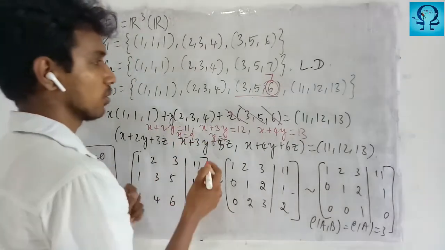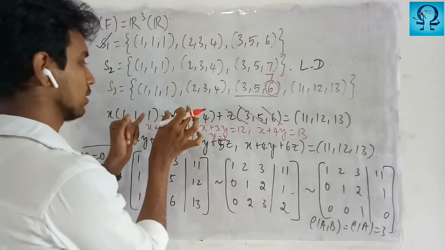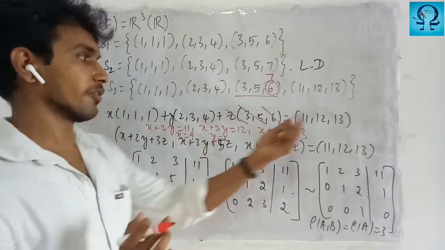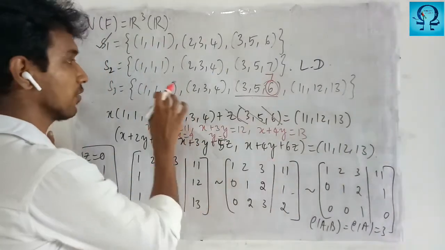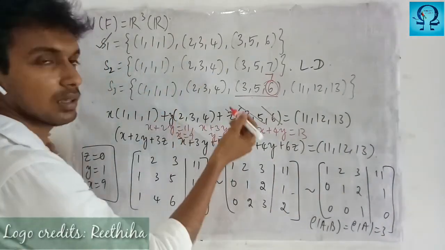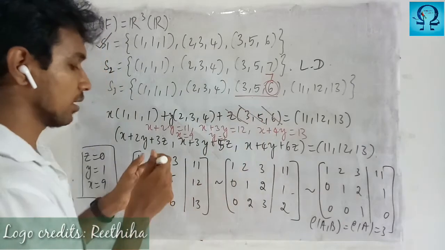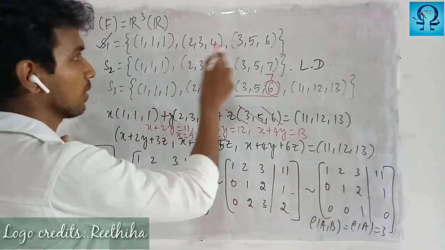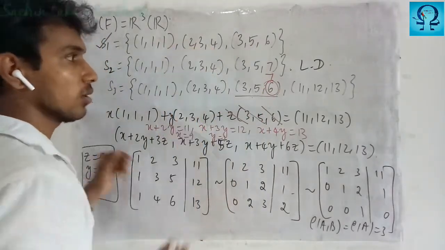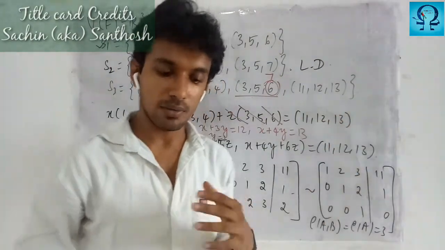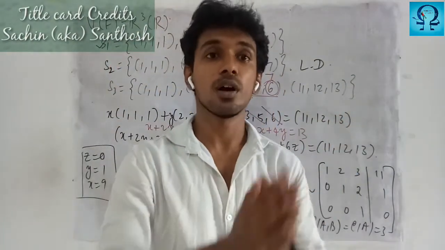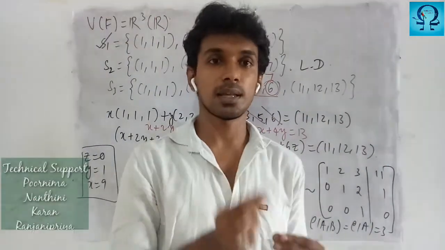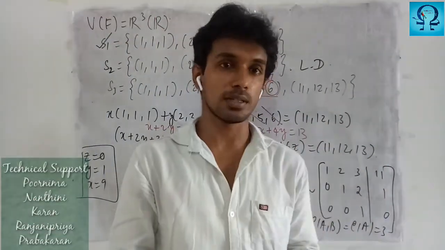So 9 times this plus 1 times this gives you this. In order to differentiate only, I have used different colors. If you are writing with the help of these three things, these two alone give you this. Whenever we write it as a linear combination, it is not necessary that we make use of all the entries. Sometimes the chosen scalar may be 0 as well.